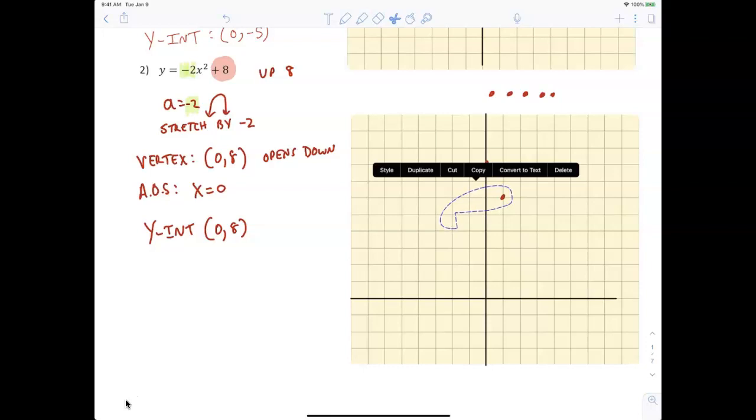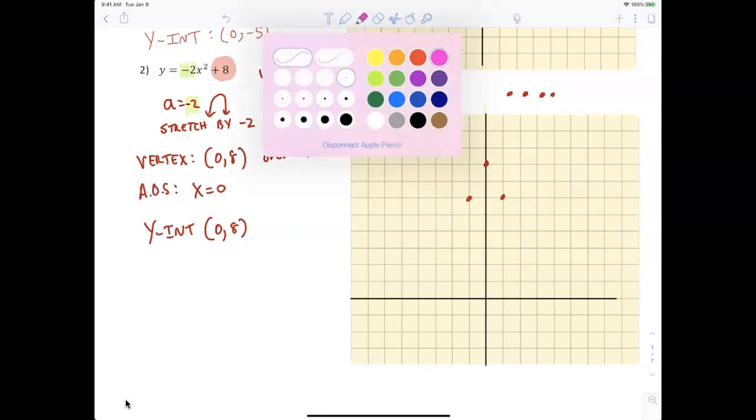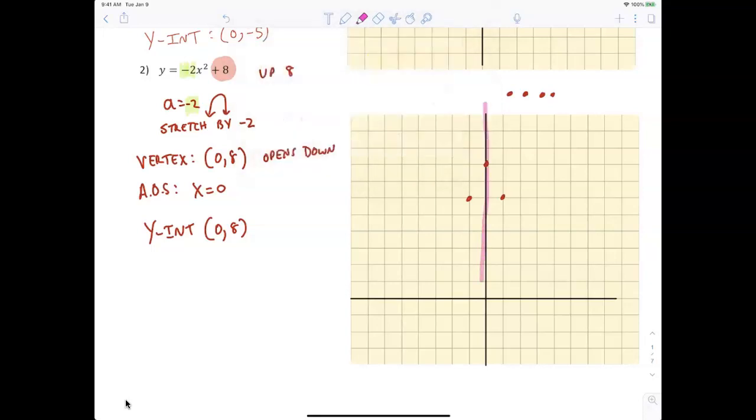Then I can pick this other point and use the mirror image. That's the axis of symmetry. I kind of forgot to draw the axis of symmetry, so I'm going to go ahead and draw that for you. Here's the axis of symmetry. Now, the next thing we're doing is moving over 2 spots.